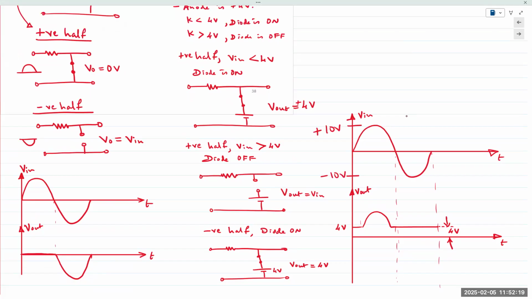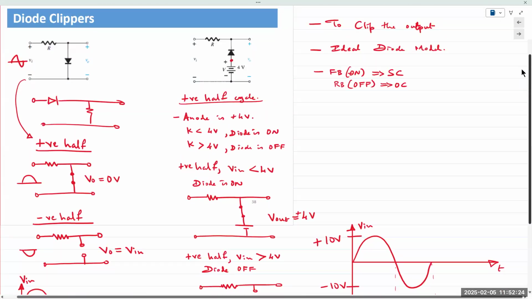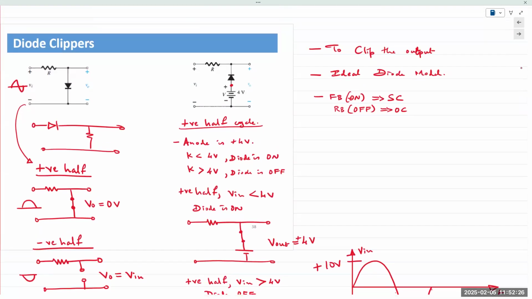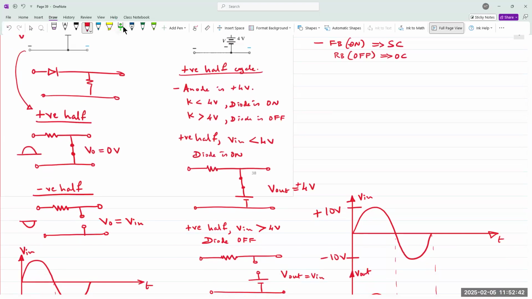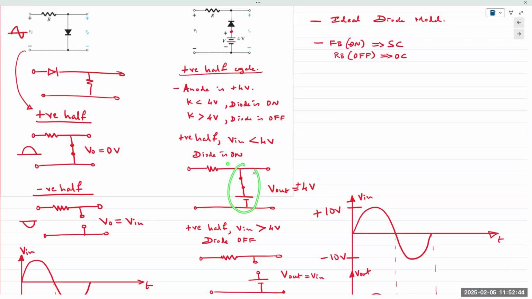Okay, so in the positive half cycle, the diode does not turn off until the cathode goes higher than 4 volts. Okay, so before that it's on, and because it's on, what happens? It behaves like a short circuit, and your V out is simply the voltage of that battery, plus 4 volts.